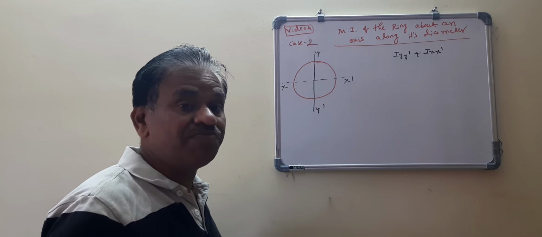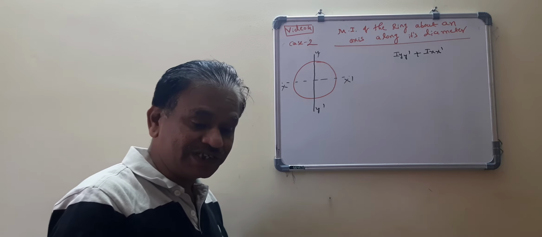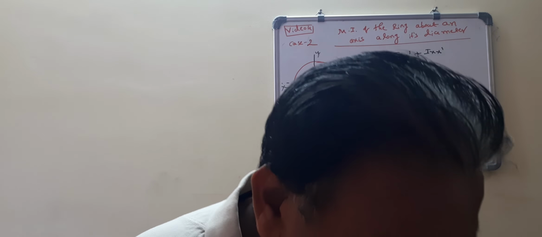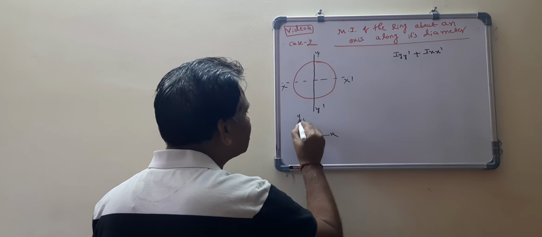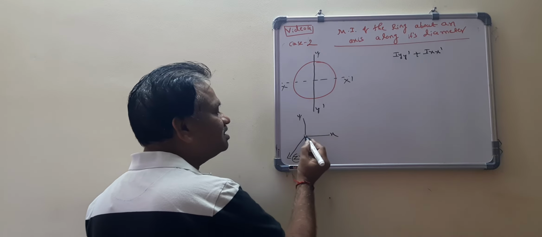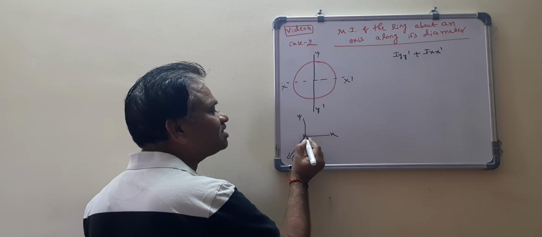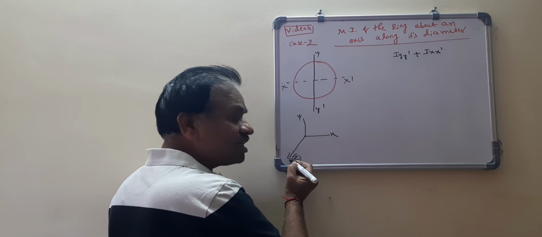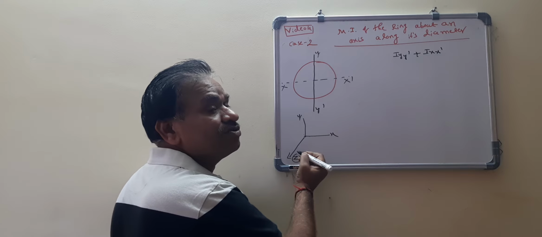The perpendicular axis theorem, not the parallel axis theorem. What is the perpendicular axis theorem? In the last class I told you, if there are two axes, the x-axis and the y-axis, the z-axis passes through the point of intersection of x and y. Not only that, it is perpendicular to it.